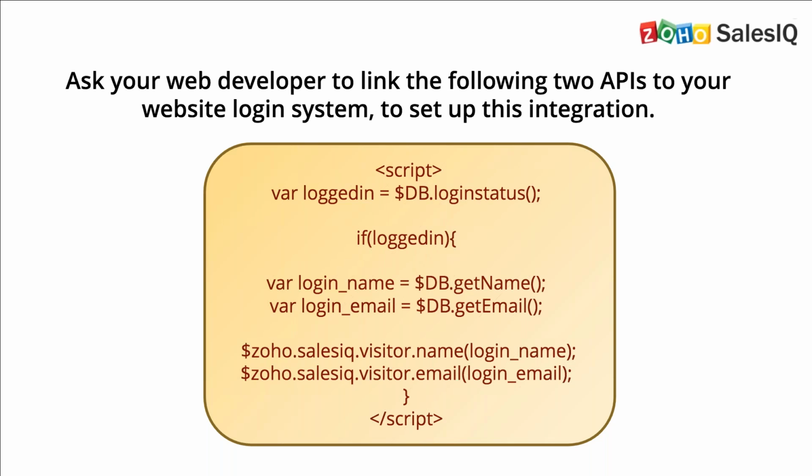So what Sales IQ does after you connect this API to the login system is, it looks up this username Zoho123 in your database. Because when I signed up for an account, I said my name is Chris and this is the username I'm going to use. It knows my name from that record, and it's going to use that information and find out what the person's actual name is and display it to you on the visitors online screen.